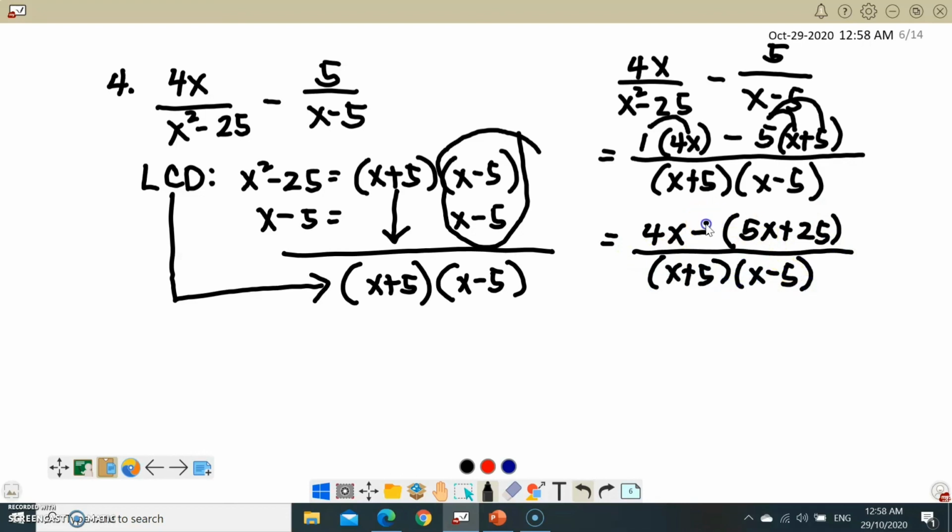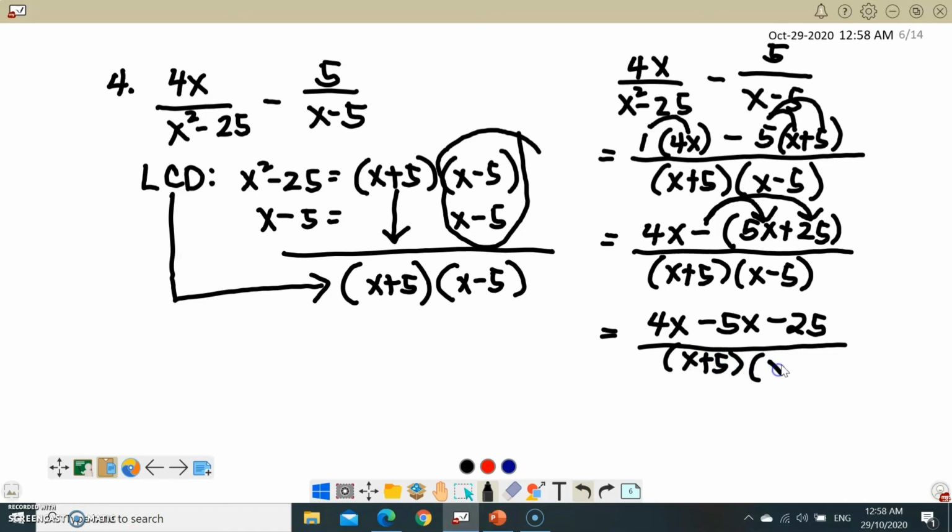So we distribute negative. So negative times 5x is equal to negative 5x. So I'll be copying 4x minus 5x. Negative multiplied by positive 25 is negative 25 over x plus 5 multiplied by x minus 5. Then we combine like terms. So we have here 4x minus 5x is negative x.